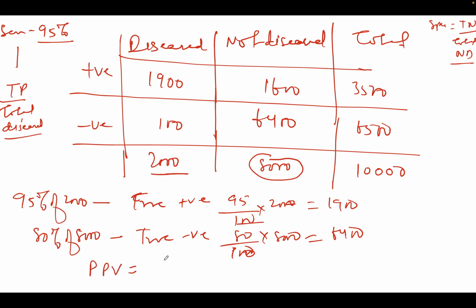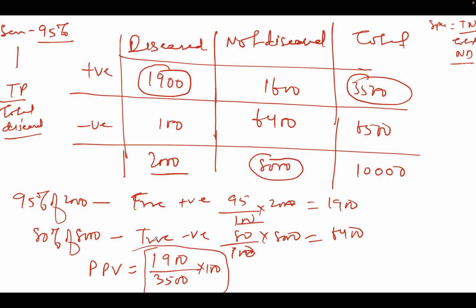Now the question has told me to calculate positive predictive value. Positive predictive value is the capacity of the screening test to correctly identify true positives out of total positive predicted. So 1,900 divided by 3,500 into 100 gives me positive predictive value. If you calculate this, roughly the answer will be more than 50%, around 54%.